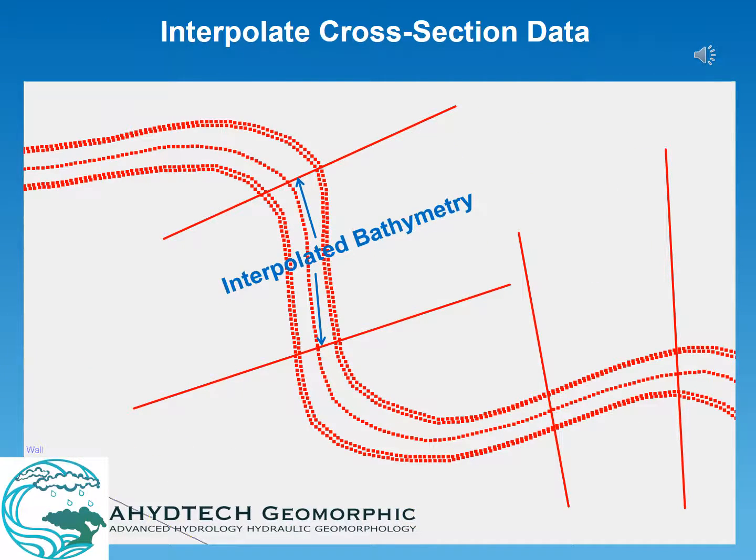There is one argument for coupling 1D and 2D hydraulic models, that is missing channel bathymetry or geometry data. If you have channel cross-section data, you can interpolate the data to create the missing bathymetry, and you can combine the interpolated data with the floodplain topographic data and create a completely 2D model.